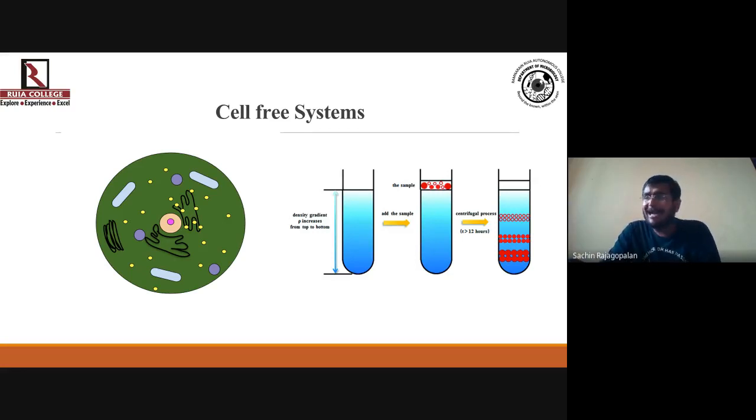Also adding the cells to a hypotonic solution could be used for lysis of the cells, right? Or you can make use of enzymes like lysozyme, which is going to act on the bacterial cell wall and break it open. So if you're working with bacterial cells, lysozyme is a good option.